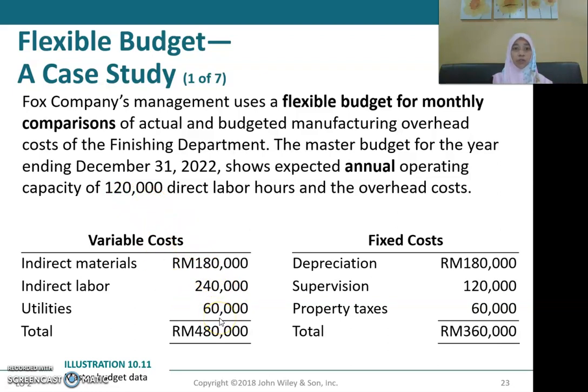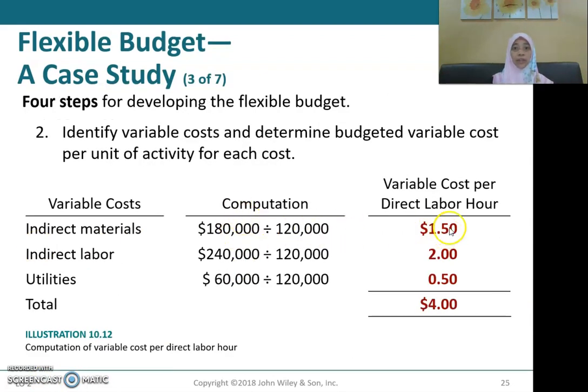And the same goes for your utilities, 60,000 divided by 120,000. So that will give you 1 ringgit and 50 per direct labor hour for your indirect material. For your indirect labor, that will be 2 ringgit per direct labor hour. And for your utilities, that will be 50 cents per direct labor hour.